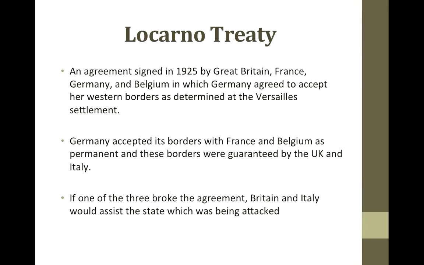So, if Germany or France broke the agreement, breached the terms of the western boundaries, then Italy and Great Britain would sort of take sides. All right, so these borders were set, and neither side would seek to be the aggressor.